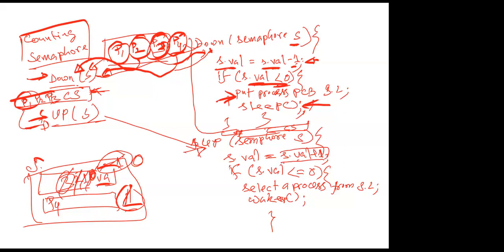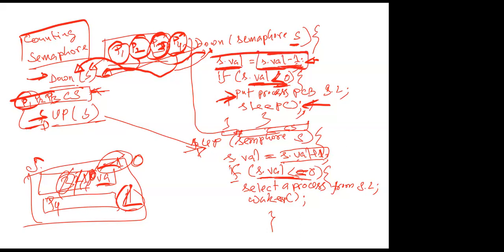Then you check this condition, where it is less than or equal to 0. Why is it only less than or equal? Because whenever you call the down function, it first decreases the semaphore value. Whenever it is negative, it means there is no slot. When it is 0, it means there is one spot where a process can enter the critical section, because you first reduce the semaphore value by 1.